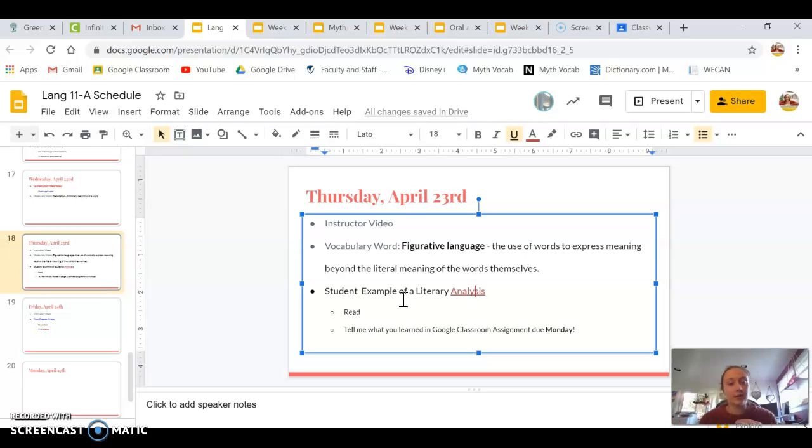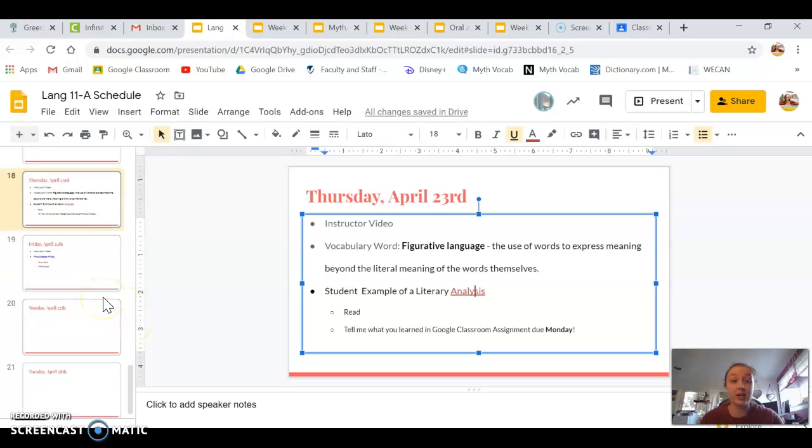So I think it'll be maybe easier to read and easier to understand and maybe relate to in order to write your own thesis statements for your short story's literary analysis. So make sure you're doing that. It's a great example and it's pretty well written, but still, again, at your level.